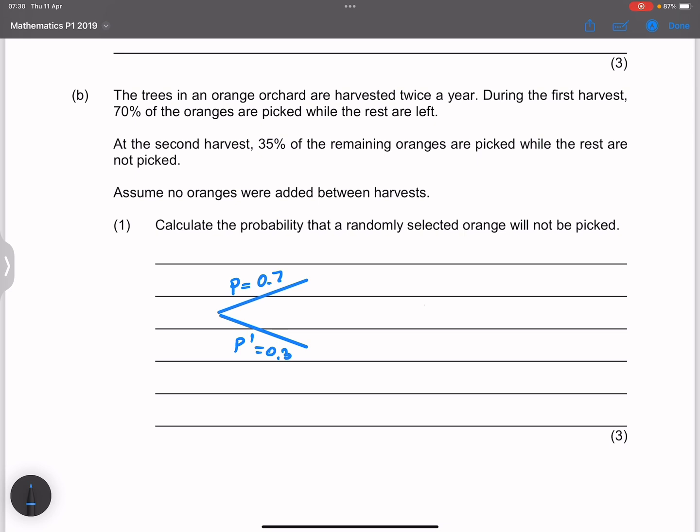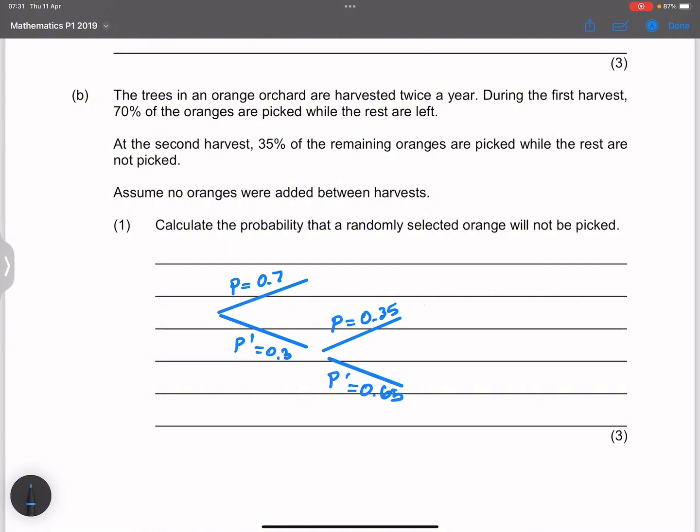But of the ones that are not picked, at the second harvest, the probability of picking them would now be 35%, so that's 0.35, meaning the probability of not picking in this case would actually be 0.65.